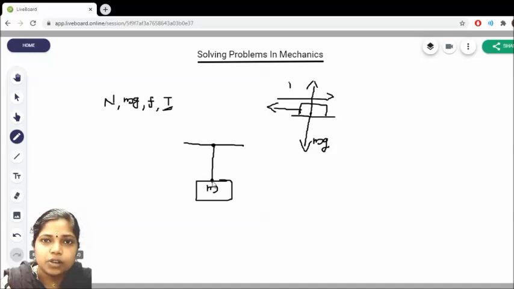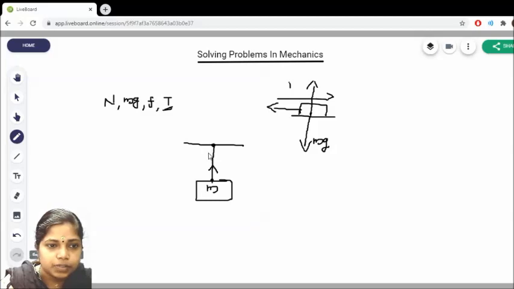When we draw from this point, what is the direction of the tension? The tension is always a pulling force. So at this contact point, the tension will pull this point. This will be the direction of the tension. Similarly, at the other point, the tension in the string will try to pull this point.